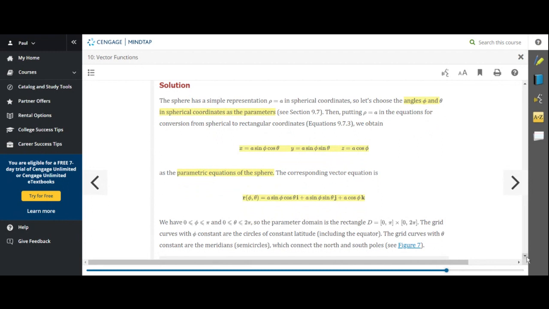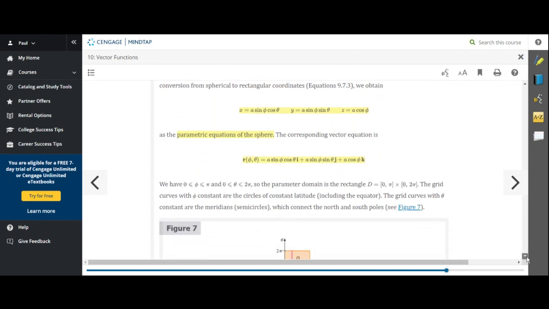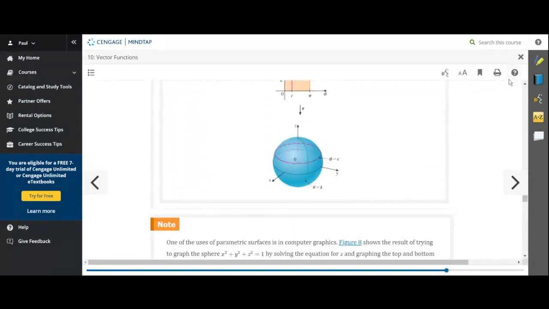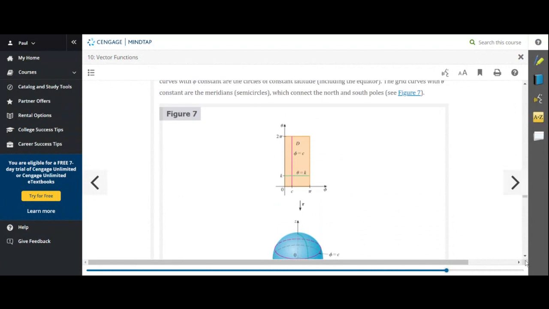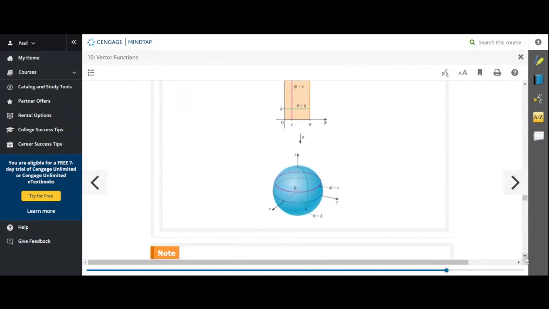They have a little picture here in figure 7. Okay, there's a sphere. And look at when phi equals c.